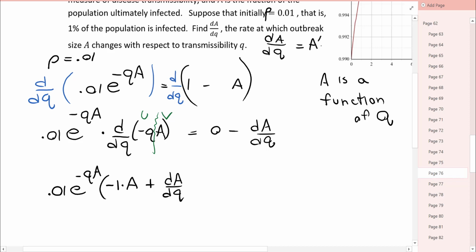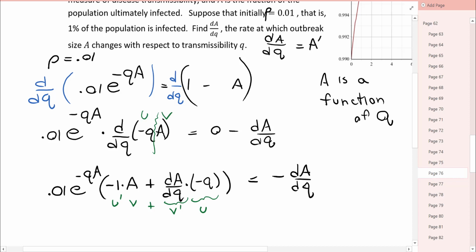Before we were doing y prime, now I'm just times minus q. Okay, so this is like u prime v plus v prime u equals minus dA dq.